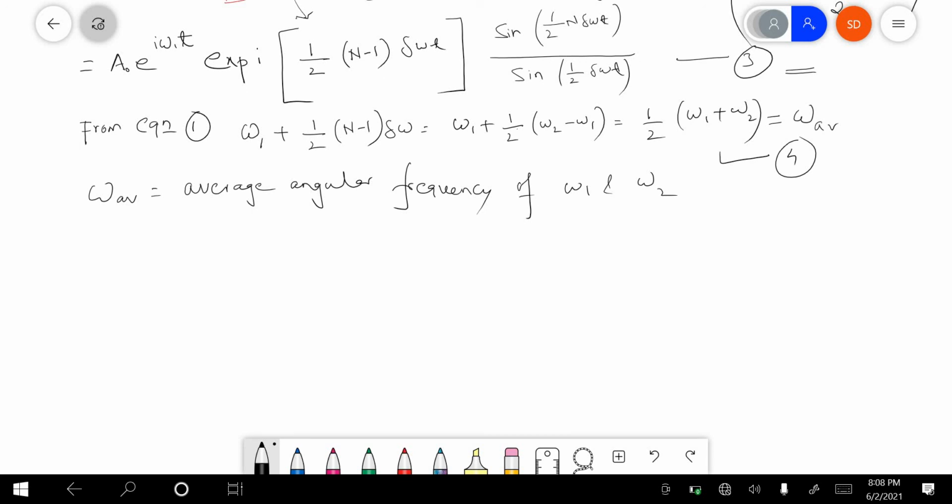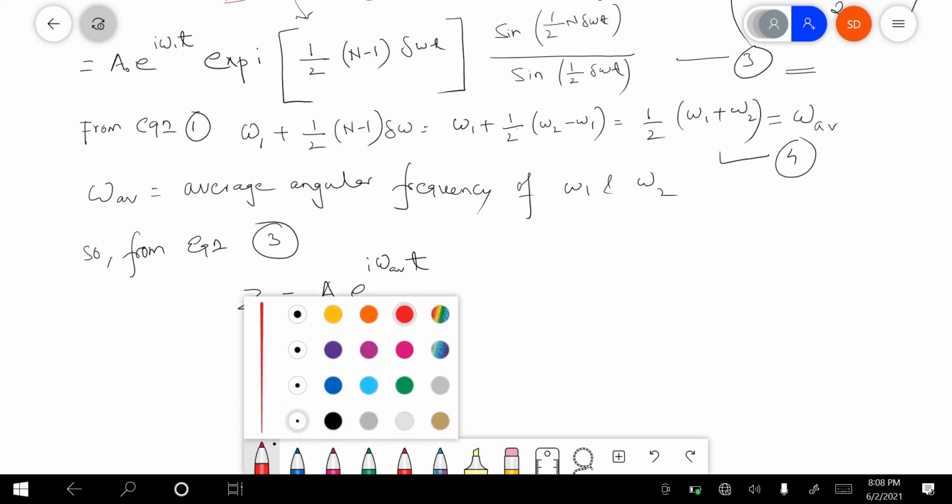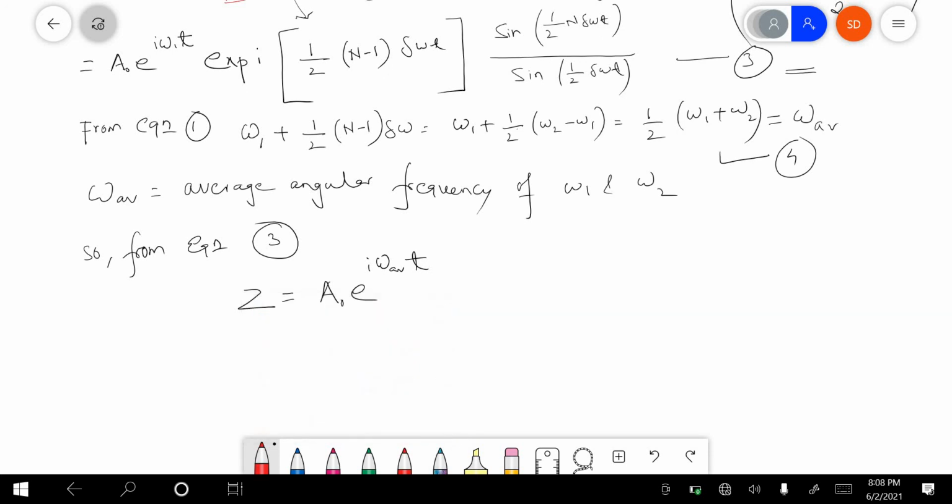From equation 3, what you get is z is equal to a naught e to the power i omega average t, and you can see why I've written it like this.